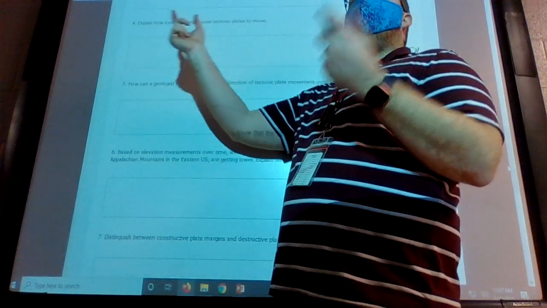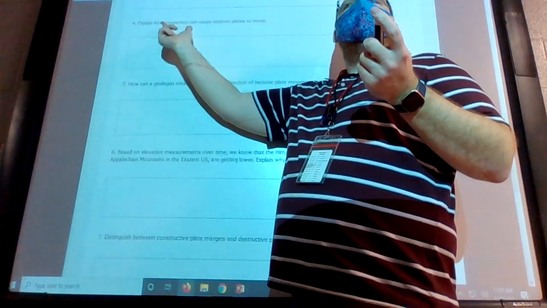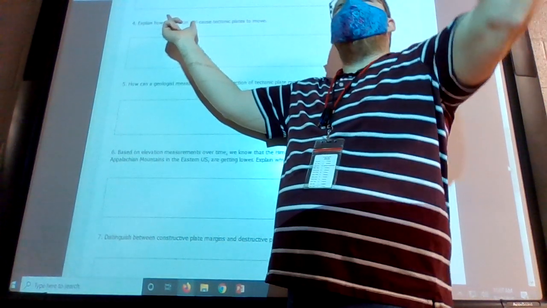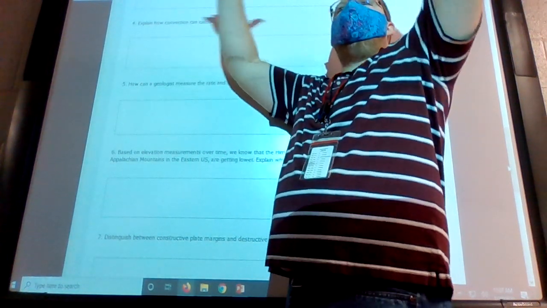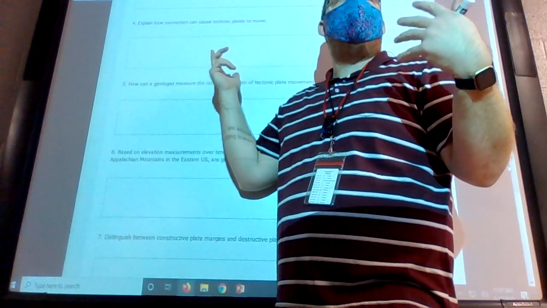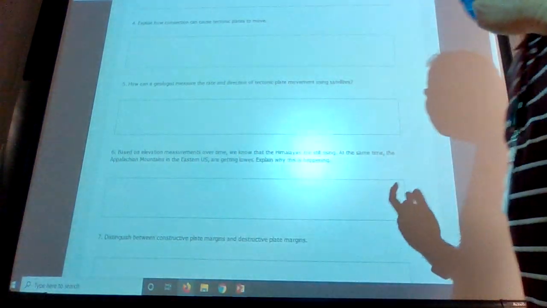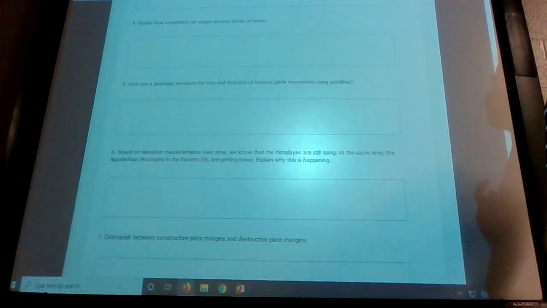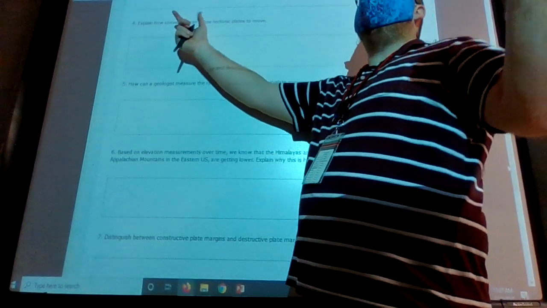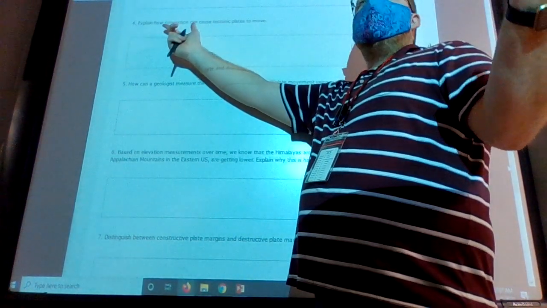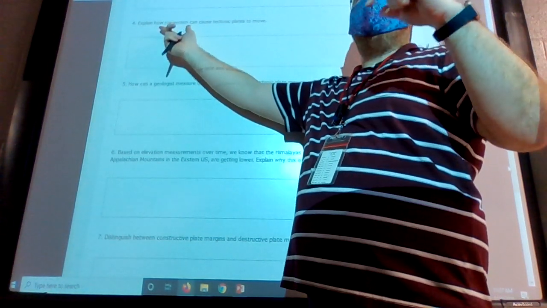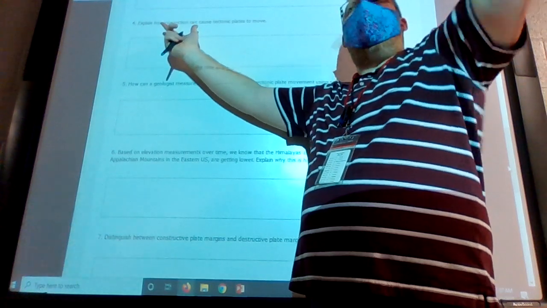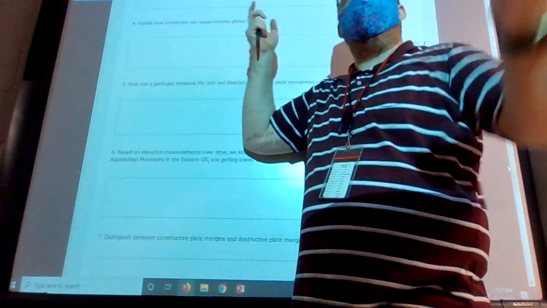In a convection cycle, there is side-to-side motion. And whichever way that motion is moving at the top is the direction your plate will move.